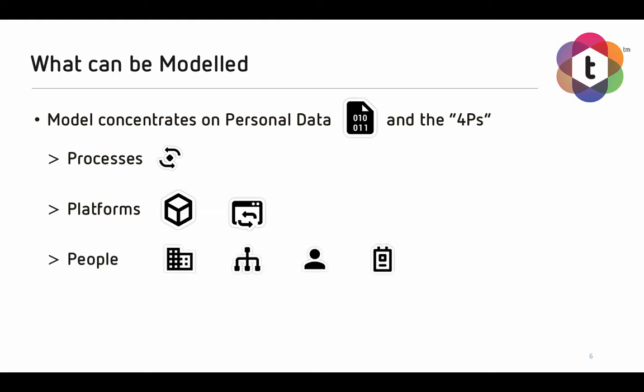People, in terms of teams, individuals, roles, as well as data subjects themselves, can all be modeled in Privacy Lens. And then finally, places. We can model where all of the above is taking place in order to gauge jurisdictional reach and what regulations may be coming into scope.